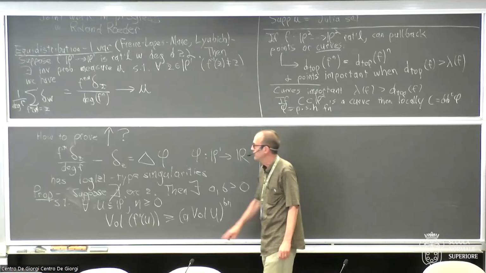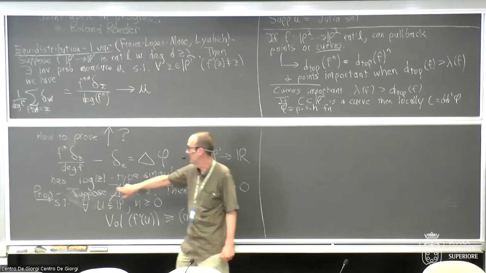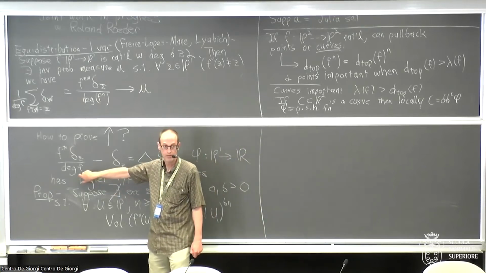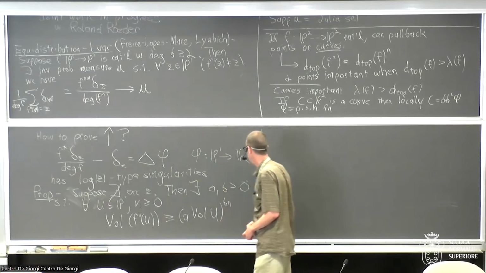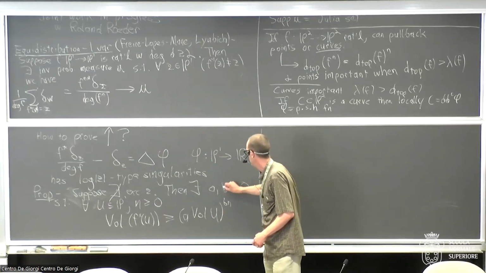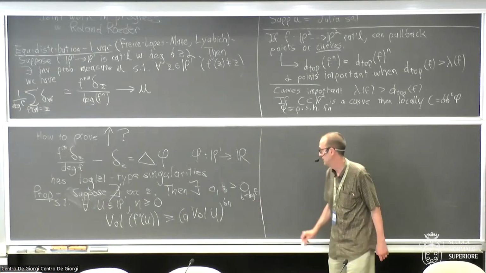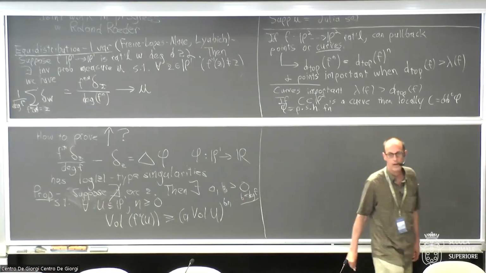What that allows you to do is prove that when you start pulling back this function phi by your map, and then you're normalizing by the degree of f. Here, a, b greater than 0, and b is less than the degree of f. That's a key point right here. B is not too big.